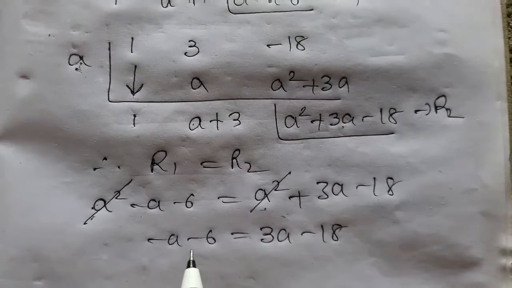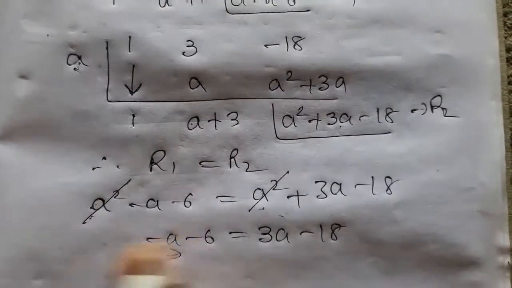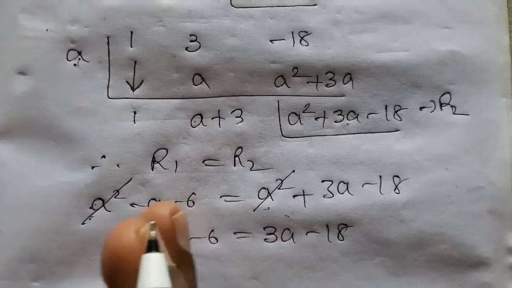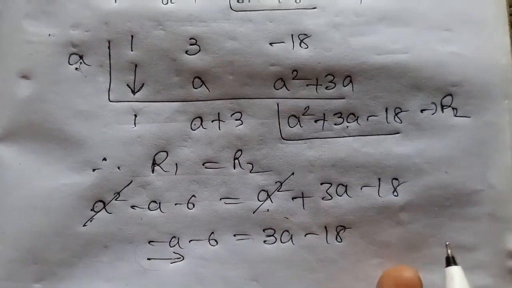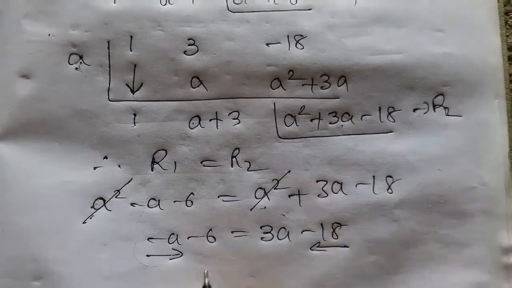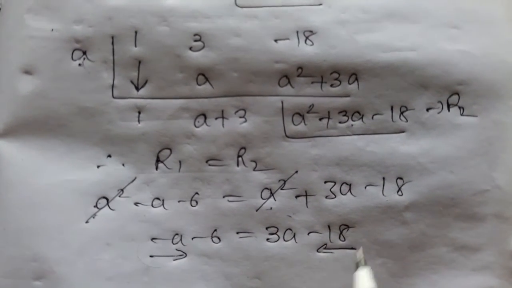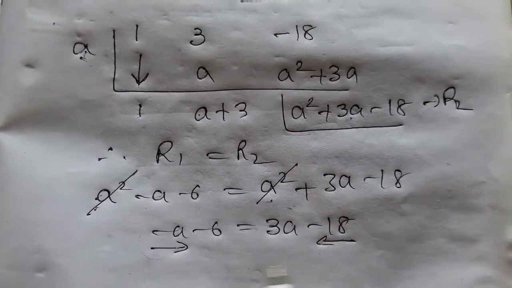Now send this minus a from left to right. On the left side it is a negative sign, it goes to the right side and becomes positive. Send this minus 18 from right to left. On the right side it has a negative sign, it goes to the left side and becomes positive.